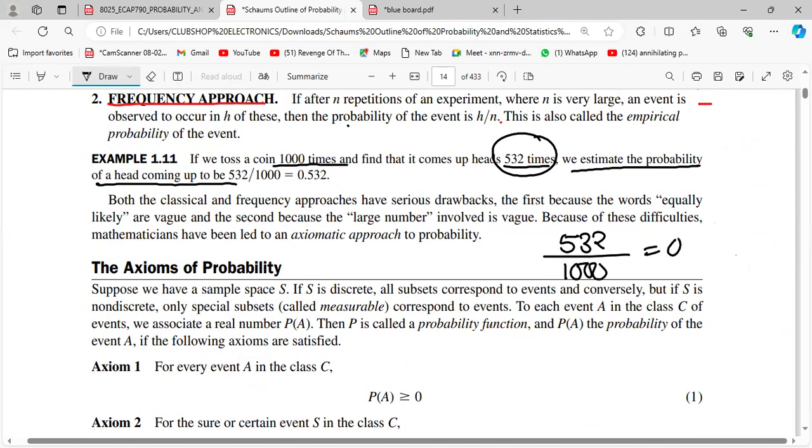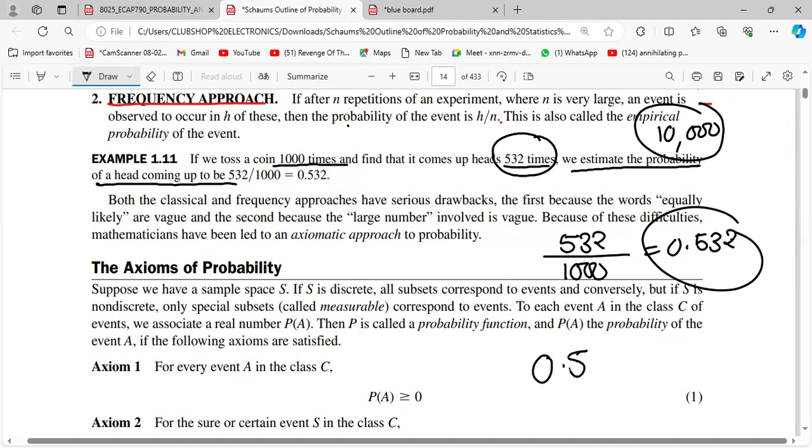This gives 0.532. We can use this probability to say, suppose we tossed this coin 10,000 times, how many times do you expect a head to come up? We multiply 0.532 times 10,000. Whatever answer you find is the number of times that we expect. Not an expectation, it's an estimation.